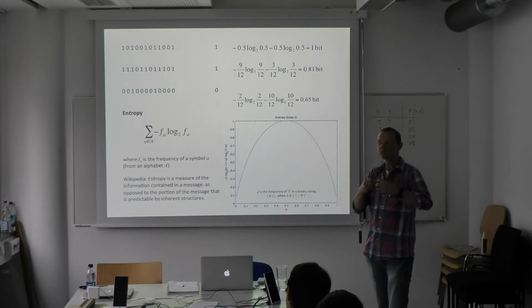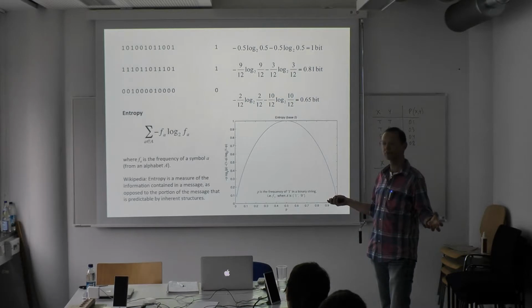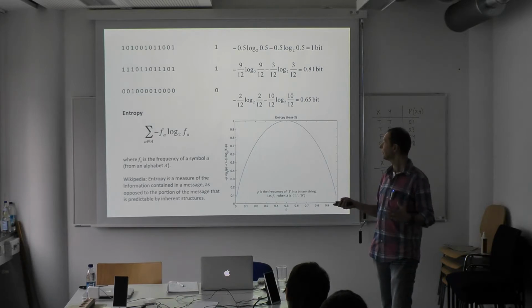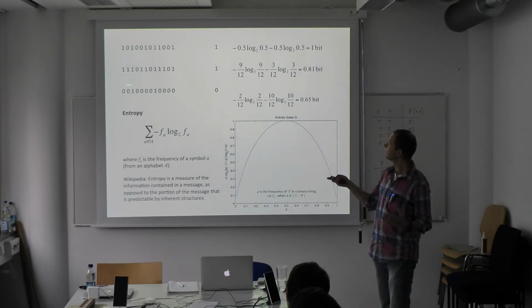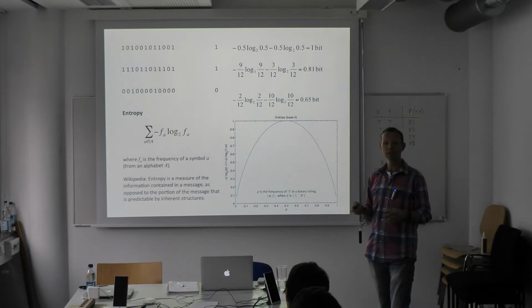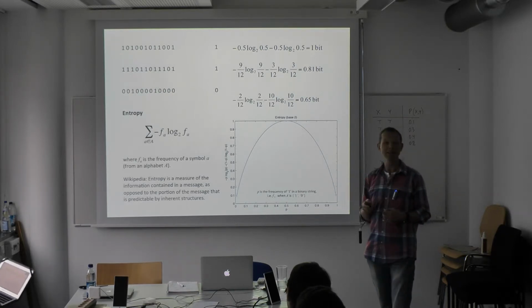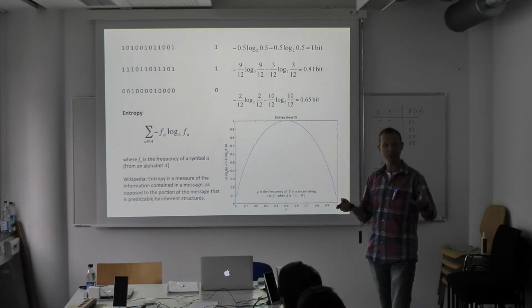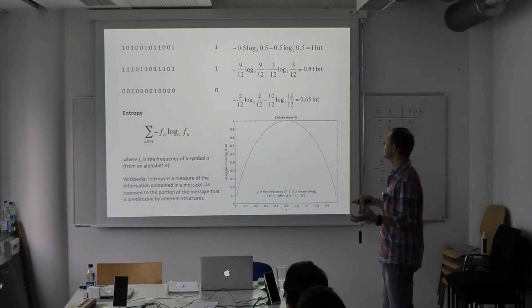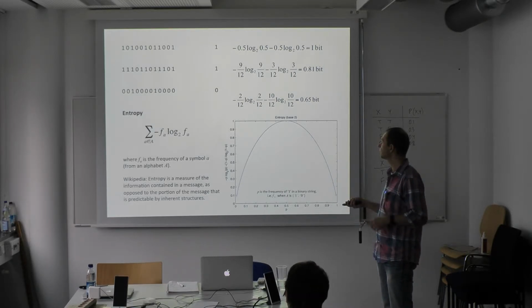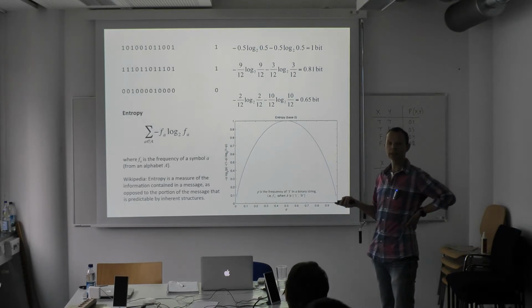So if it's completely random, there is a lot of information in that message because we can't predict it. Whereas if we're dealing with messages like this, it's quite predictable. You probably come up with a guess quite easily. So that's the intuition behind information entropy, or Shannon entropy, I should say. Okay, does that make sense?